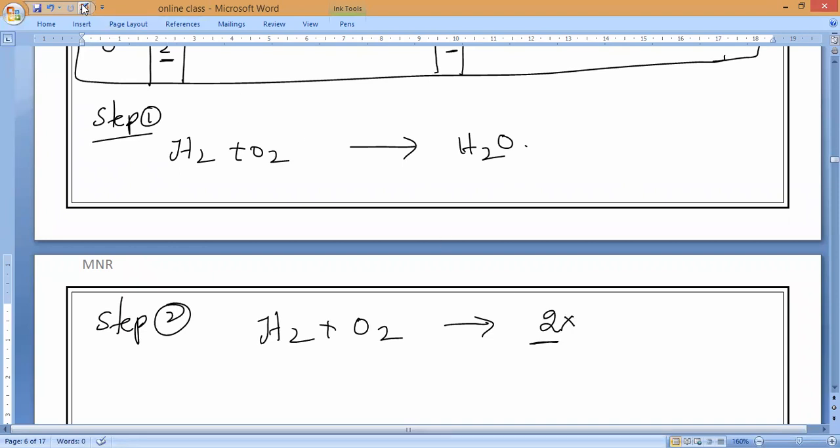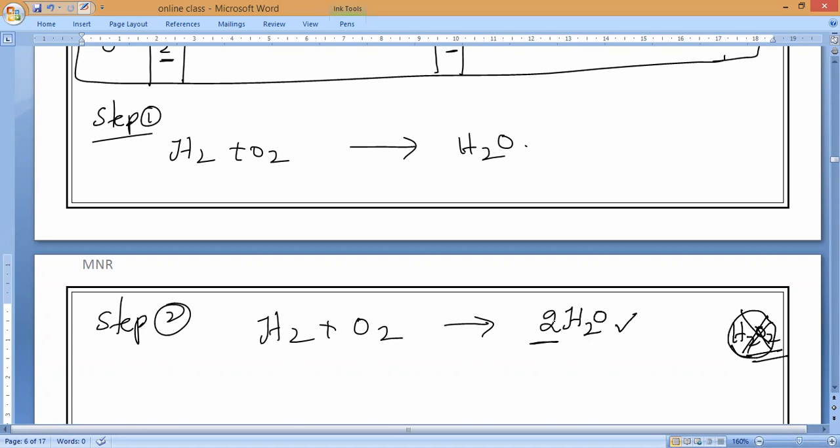No, sir, because the formula should not change. I am changing only the coefficient. Is it possible to write H2O2 like this? We cannot. It is not called water. It turns into another compound, called hydrogen peroxide. We'll study that later. So this is step 2.